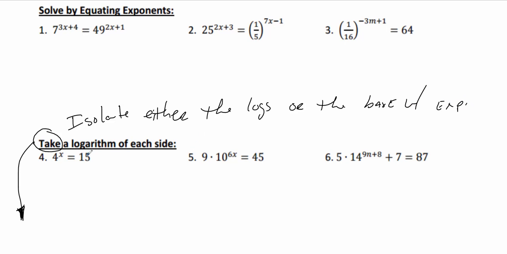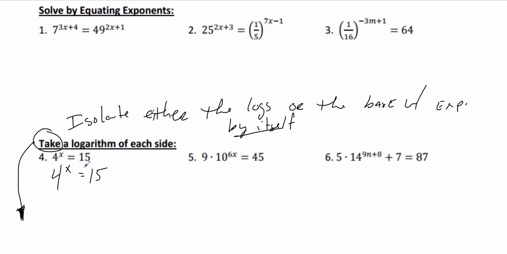That means I need that by itself. On this number 4, this base with the exponent of x is already by itself. So that's great. I have 4 to the x equals 15.